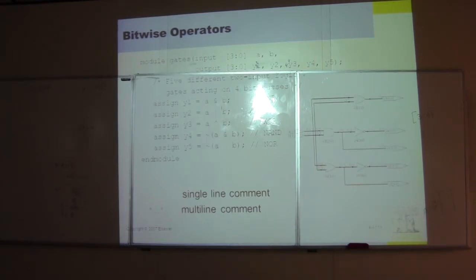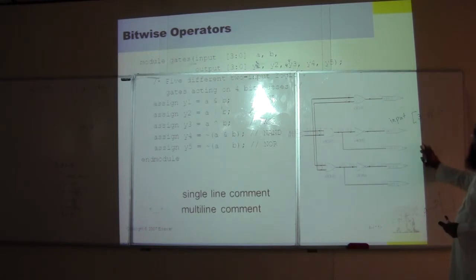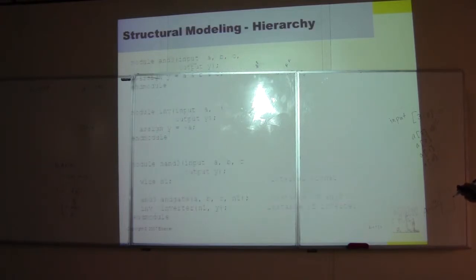So this input A means I have 4 lines: A3, A2, A1, A0. This is the meaning of this line, that we have 4 bits.